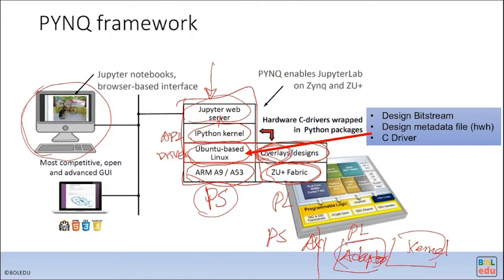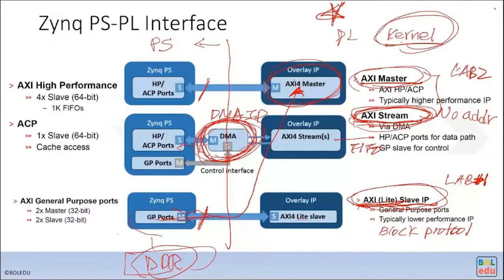The PYNQ framework also includes those IPs, and you cannot use them randomly. For example, for this DMA engine, Xilinx provides all different kinds of DMA engines, but you cannot choose just any DMA engine.